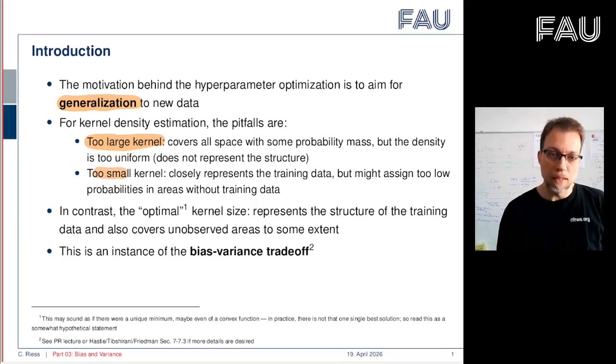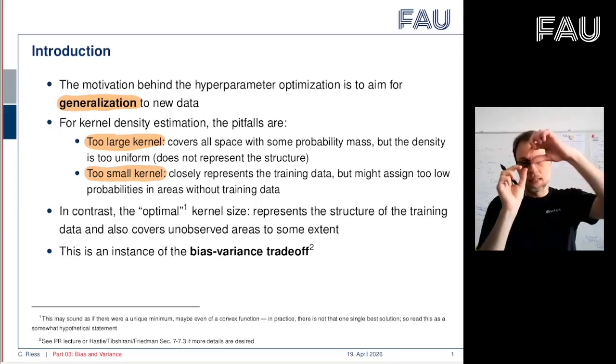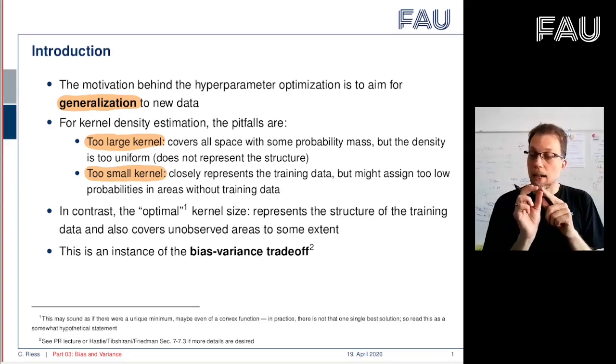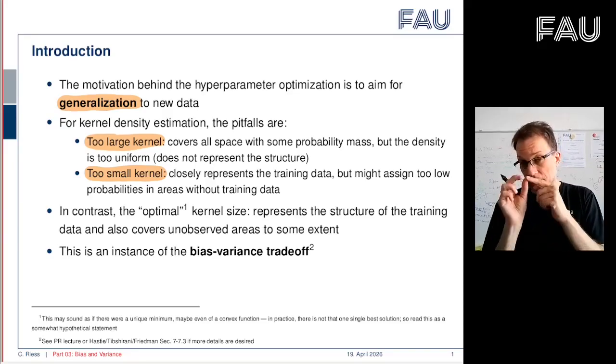The other possibility is that you have a kernel that is too small. In that case, if you are in an area where there are samples, then you get a decent density estimate, maybe even quite high.